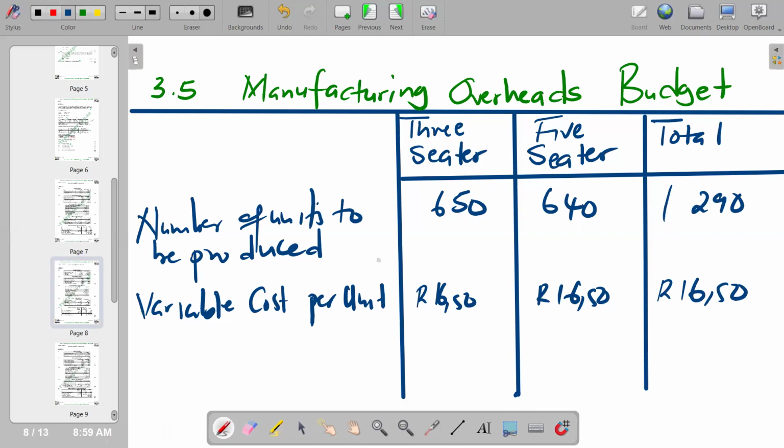So we now go to total variable cost, whereby we are multiplying 650 times 650 for the 3-seater.